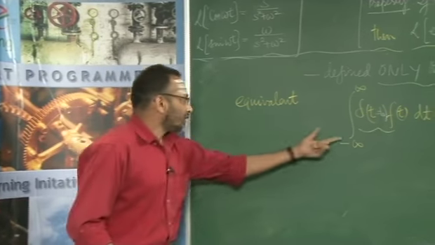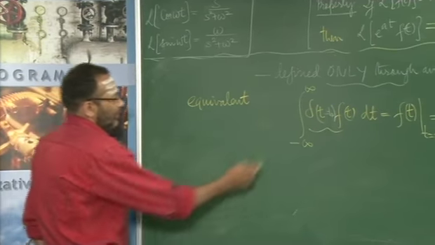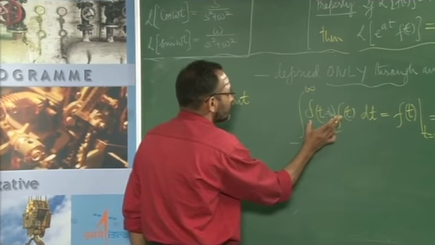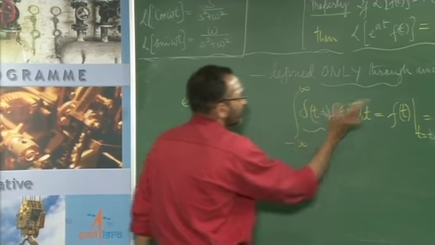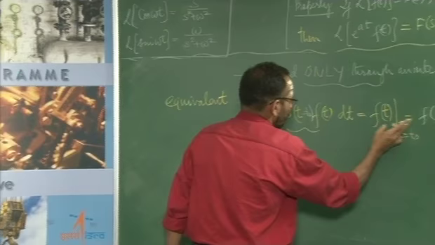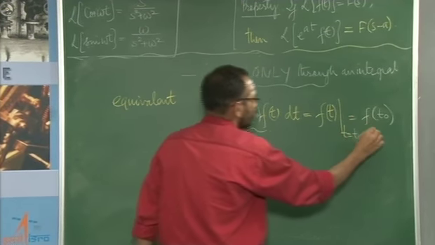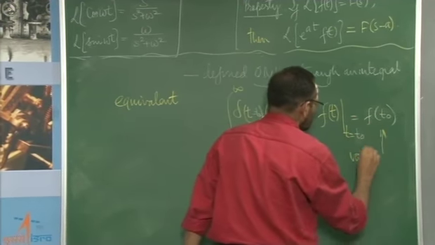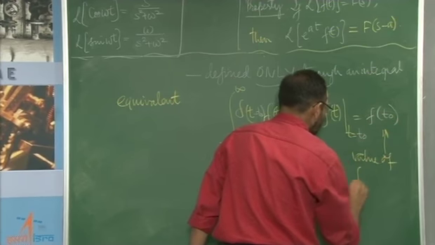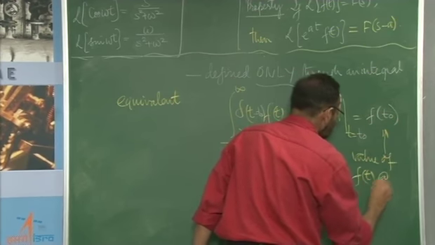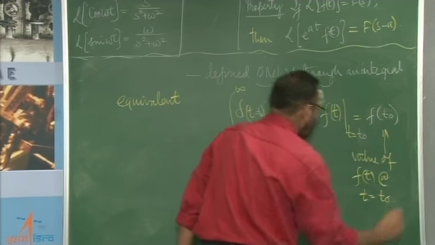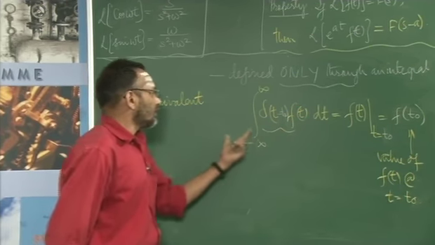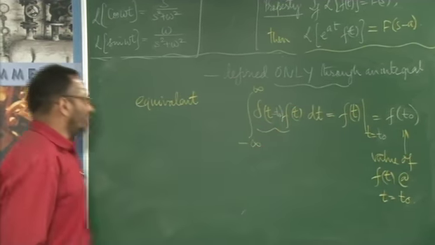And objects like this, if you call this a function, then it takes a function like this and it returns what is called a number, because this you will see is not a function, this is the value of f at t equal to t naught. It is taking a function and giving a value. Such objects are called functionals.